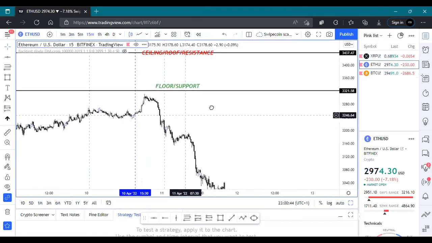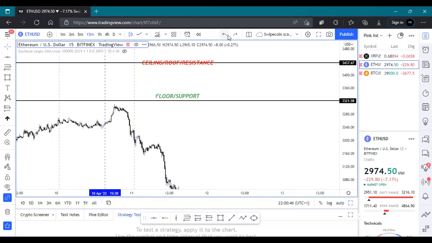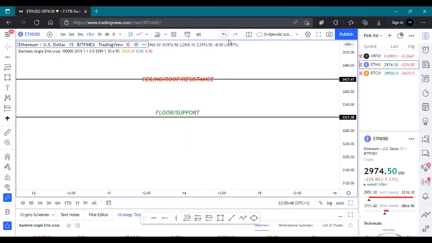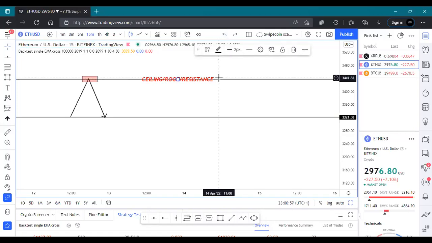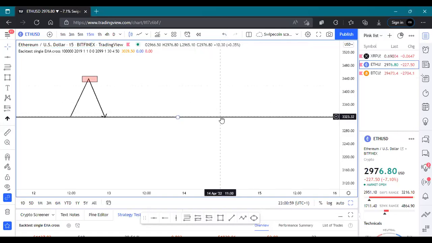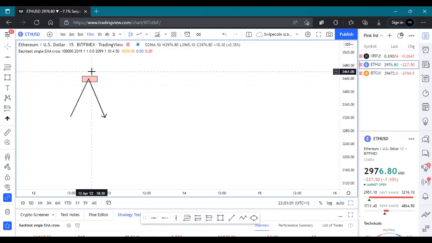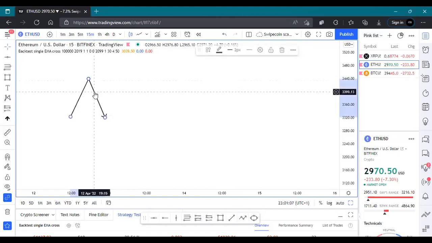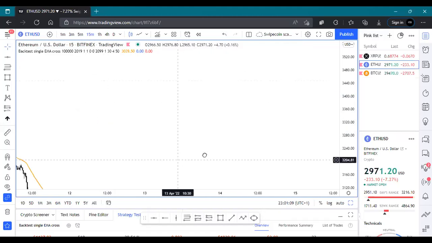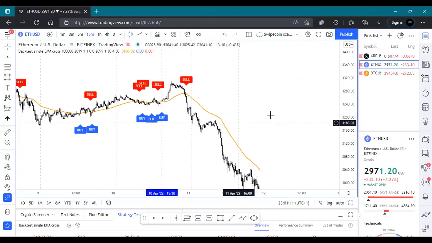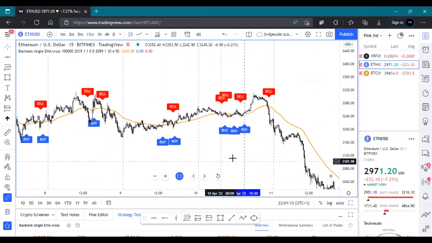Let me take all these lines away. Once you understand the whole concept of support and resistance, then trust me, you can start making money scalping BTC and Ethereum. The major thing is to understand where your support is and where your resistance is.